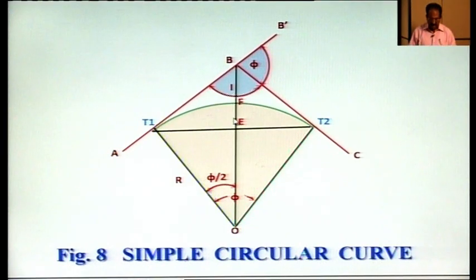Again, the arc T1 F T2, the curved portion starting from point T1 through F to T2, the green portion, is called the length of curve.